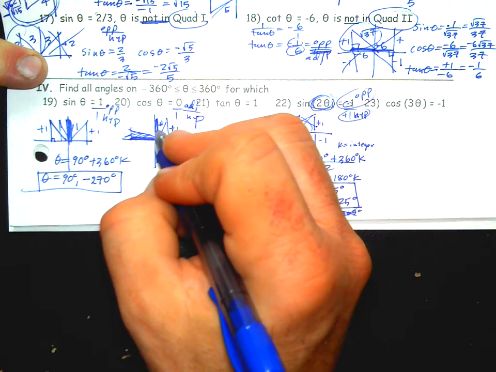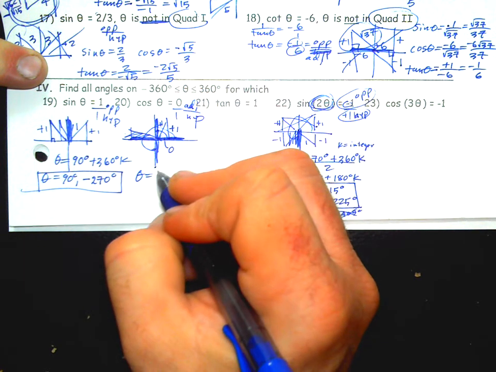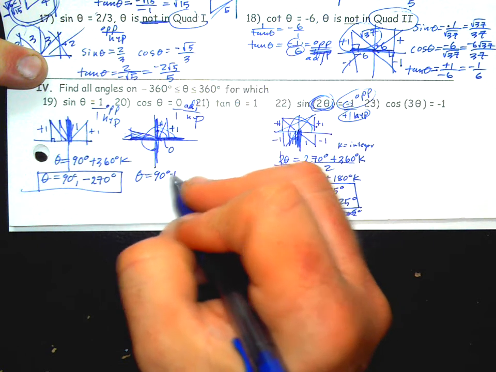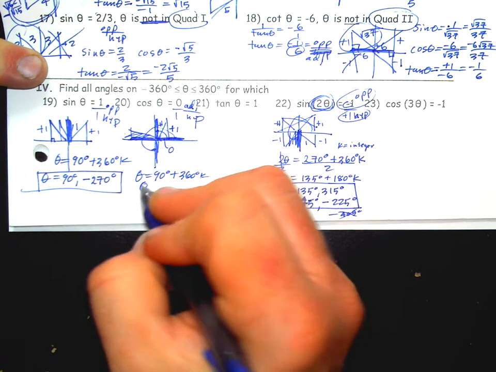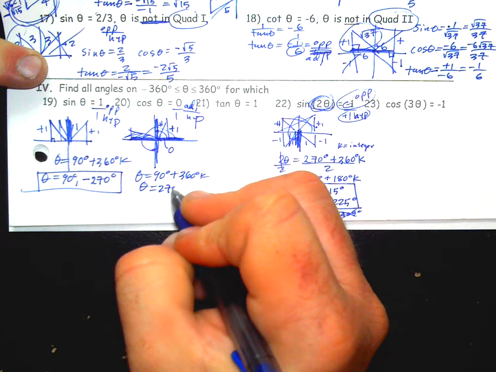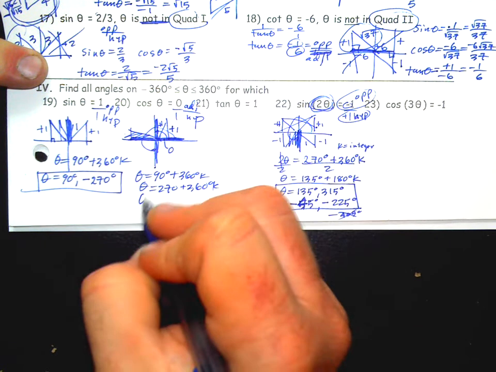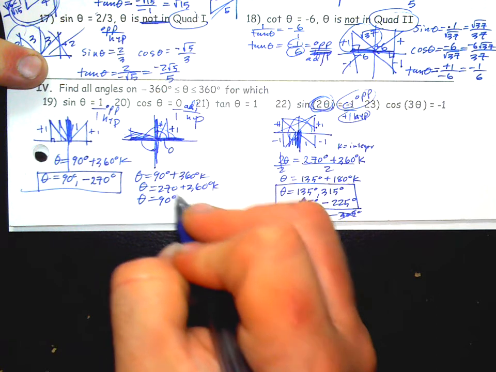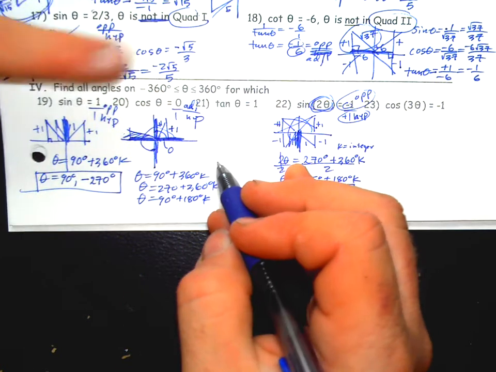So theta equals 90 degrees plus 360K, or theta equals 270 degrees plus 360K, or you could summarize these both together and say theta equals 90 plus 180K, because that would give you all of them. Now, this is an interesting place on the cosine curve.